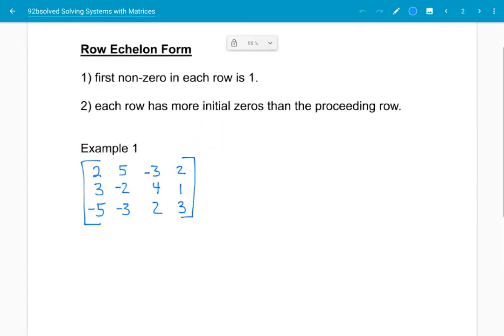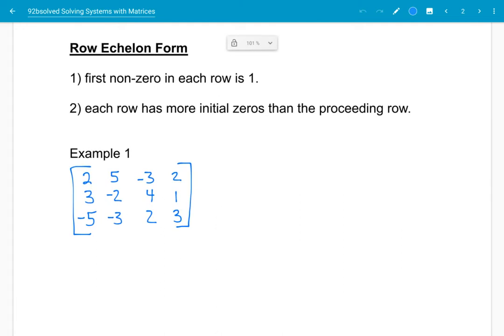Okay, row echelon form. So I just showed that. I'm going to mark this up and then I'll erase. We need to change it so that every first entry in every row is a 1, and each row has more leading zeros than the one before.